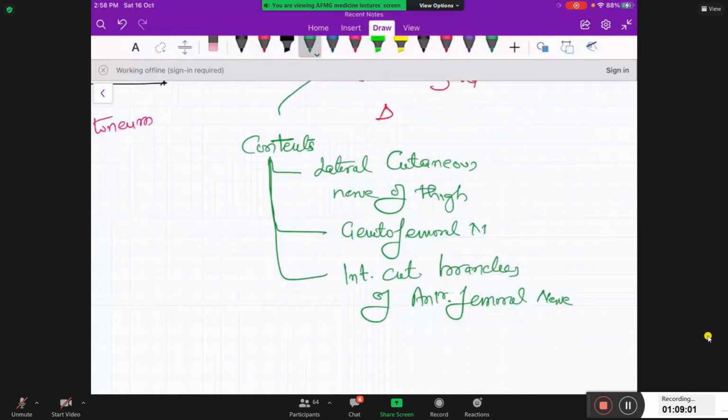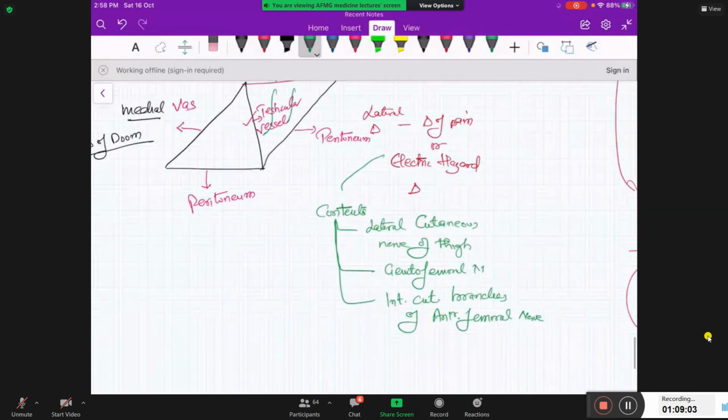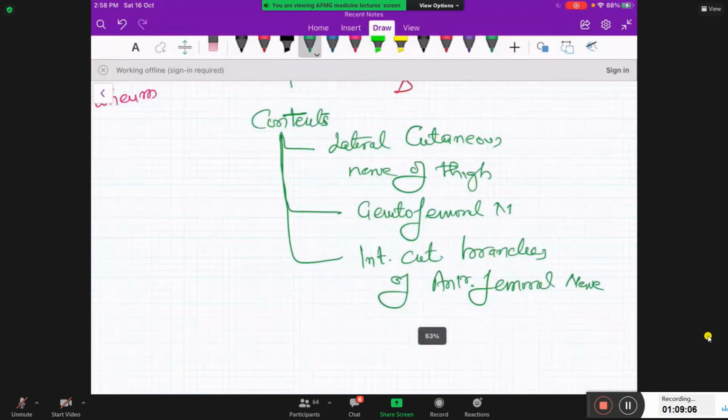Okay. These triangles are important for our exams.